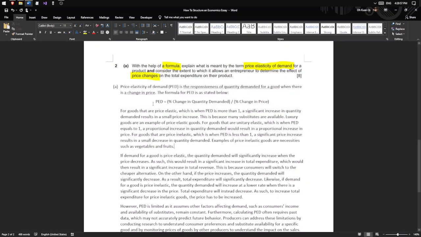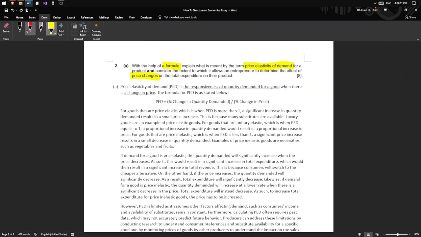So price elasticity of demand is the responsiveness of quantity demanded for a good when there is a change in price. The formula for PED is as stated below. Now I'm writing this formula out like this because it's typed on the computer, but since in the exam you'll be using a pen, it's better if you write it out in full words instead of this shortened form.